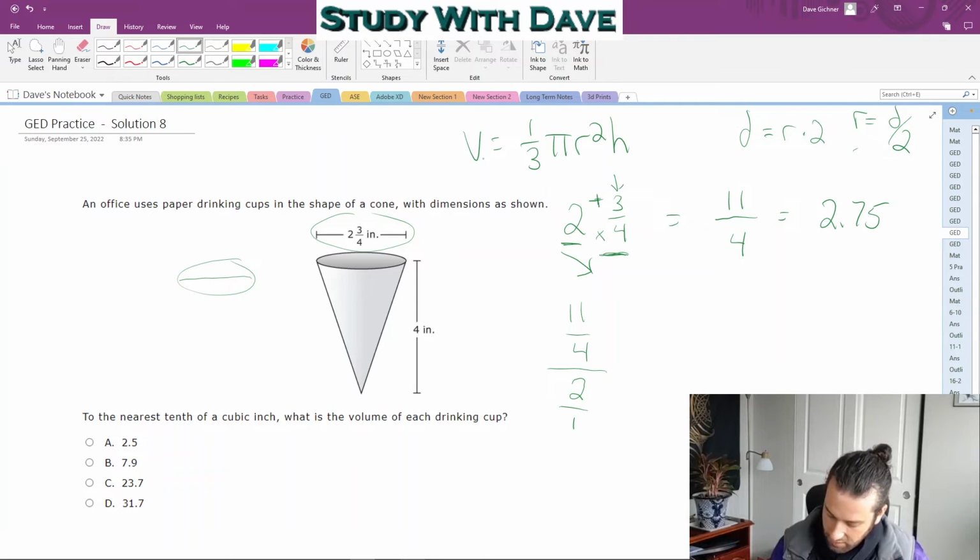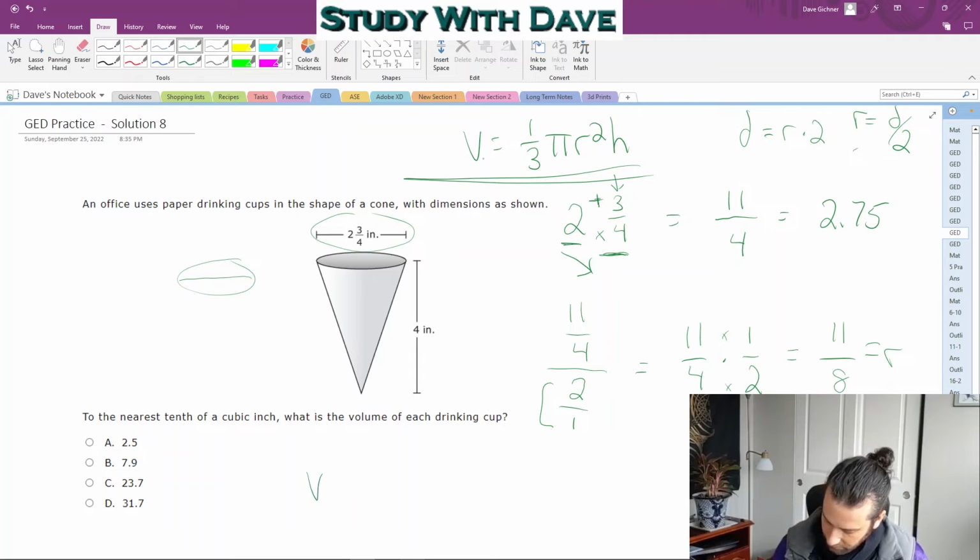I do that because instead of doing it in my head, I'll just say, instead of doing 11/4 divided by 2/1, I'll do 11/4 times 1/2. Basically, we are flipping this fraction. So that is equal to 11 times 1, and then 4 times 2, which is 11/8. So that equals R. So now it's just as simple as plugging everything into this formula here.